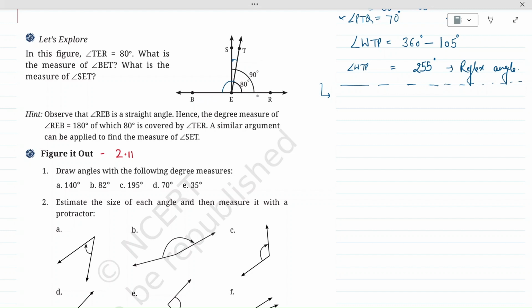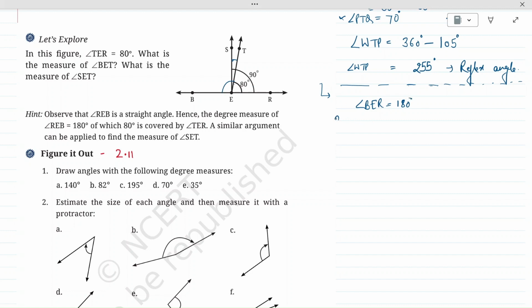Here in this line, which is a straight angle BER of 180 degrees, it has two angles. One is TER, which is 80, the other one is BET, this angle. I'm writing it here. Angle BER is 180 degrees, this complete angle.